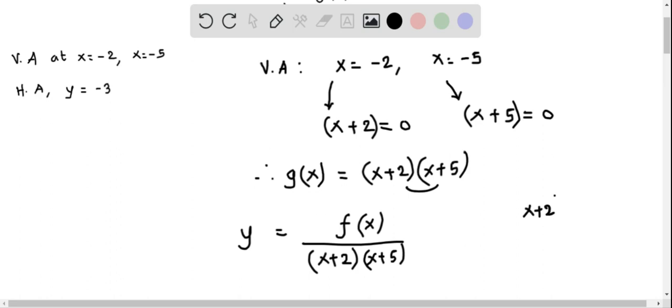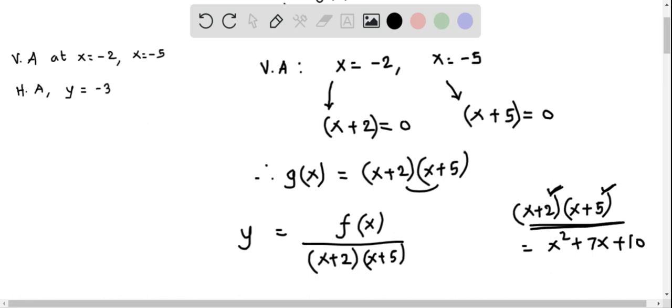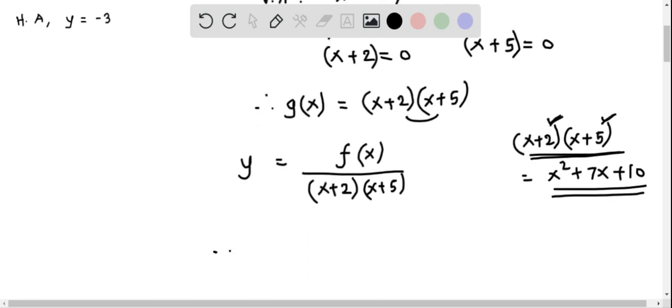When we FOIL these two, we will get x squared plus we take the sum of these two numbers, that is 7, and put this as 7x, and we also take the product of these two numbers, that is 2 and 5, which is 10. So when we FOIL these two factors, we get x squared plus 7x plus 10. Let me write down here. So we say y equals f of x over x squared plus 7x plus 10.